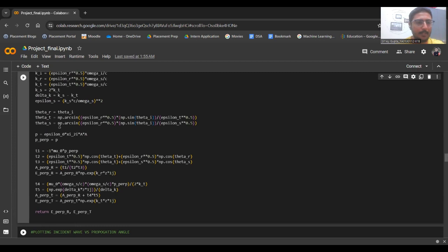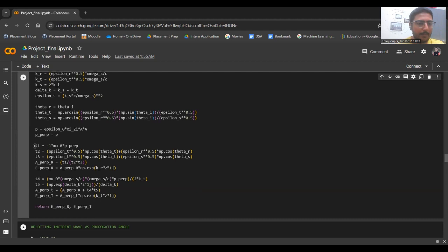and similar for theta s. And defining p, which is polarization, which is epsilon naught into chi into a square, and defining p perpendicular equals p, since we are only considering the z direction, so p perpendicular is equal to p.